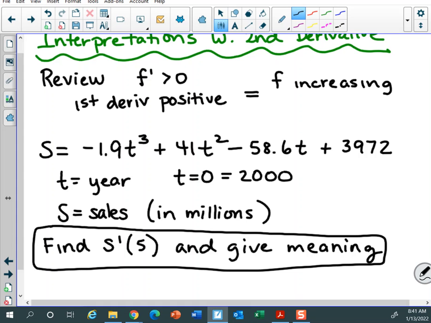But you have done this a lot, and some of you are like, yeah, I've done it, but I'm still not very good at it, but that's okay. That's why we're doing it some more. What does S prime at 5, when you get this answer, represent? What does it tell us about S?